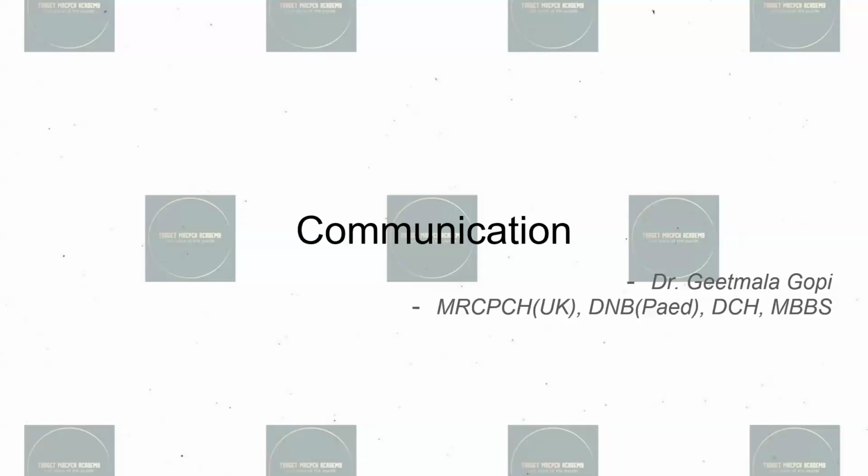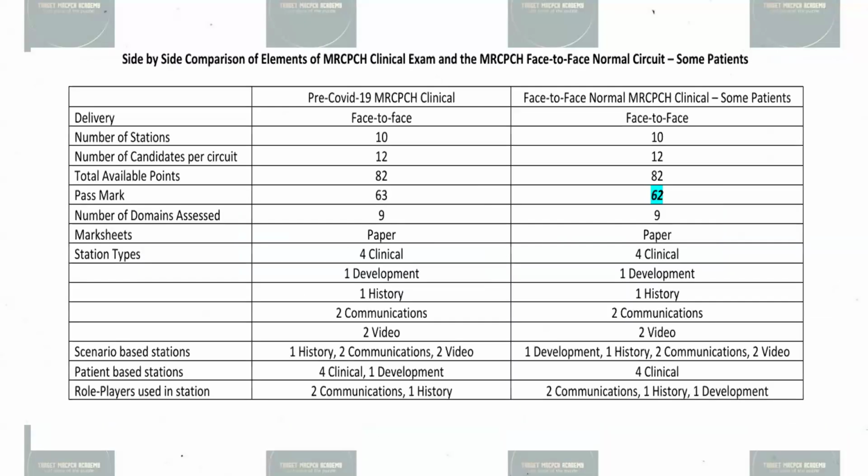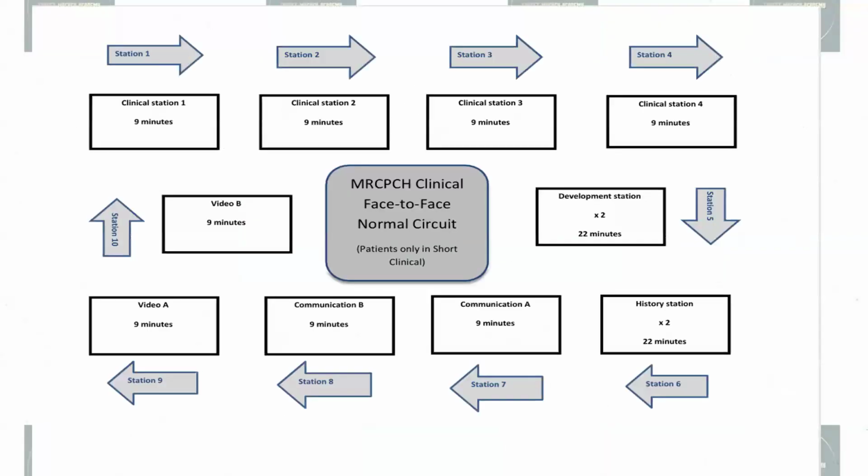Okay. So coming to communication stations. As you all are aware, MRCPCH clinical stations actually has a total of 10 stations, out of which 2 are communication stations. So this is the circuit. As you start preparing, you'll get to familiarize yourself with this circuit.